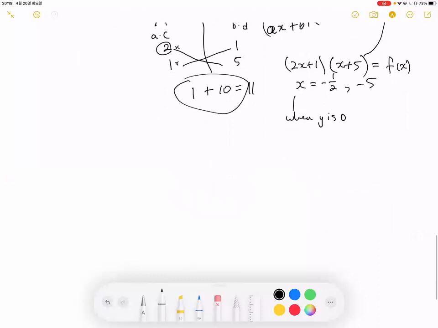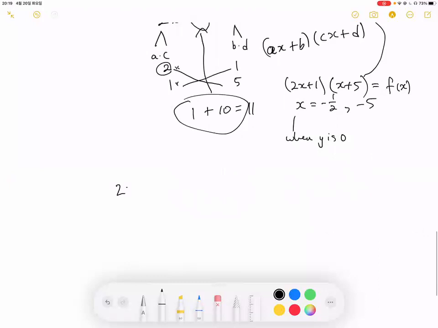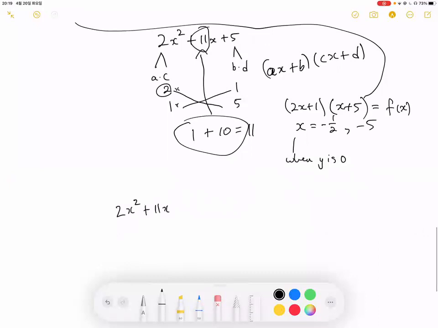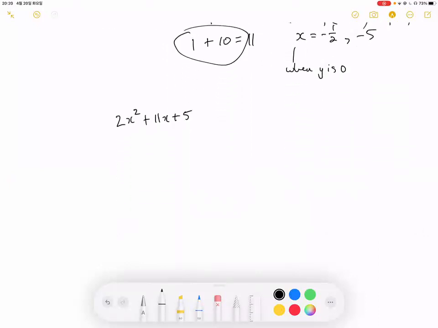All right, and then finally the vertex form. Okay, so 2x squared plus 11x plus 5. So you want to change this, and this is with f of x, by the way, into the vertex form, which is a times x minus p squared plus q. Just remind yourself that this is the vertex form.